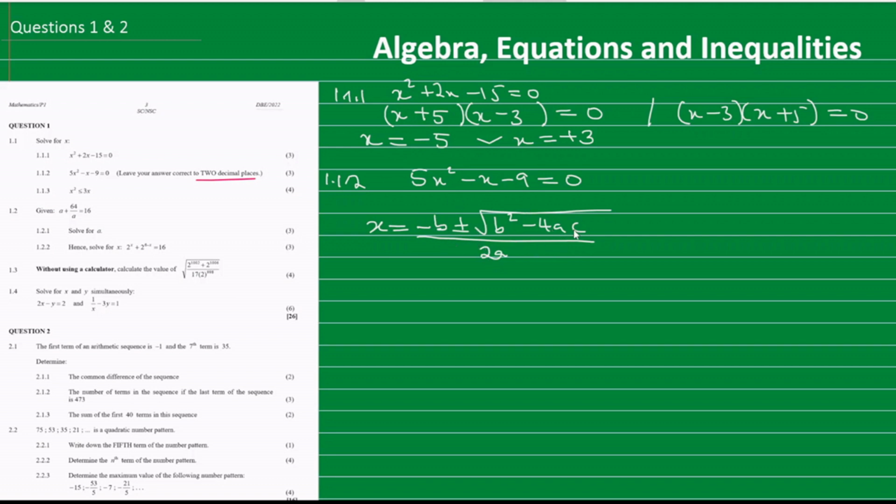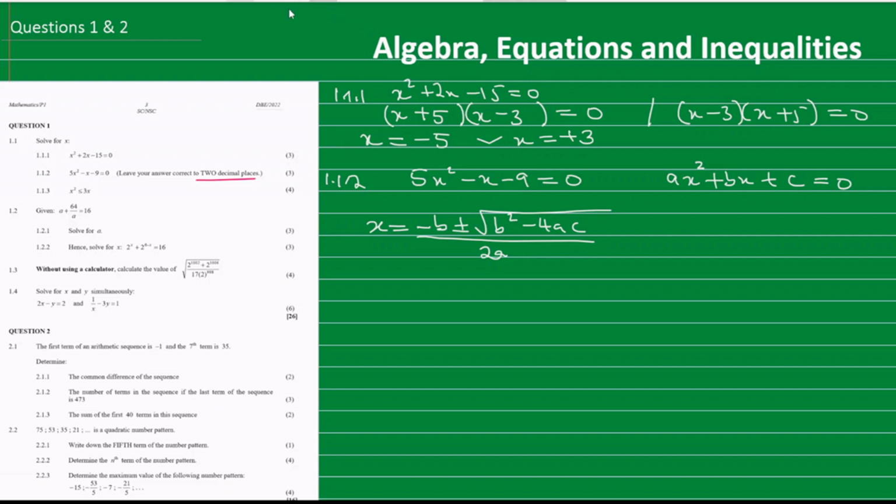The a, b, and c come from the fact that every quadratic equation can be written in standard form, which is ax squared plus bx plus c is equal to 0. We call this the standard form. a is the coefficient of x squared, the leading term, b is the coefficient of x, and c is the constant.